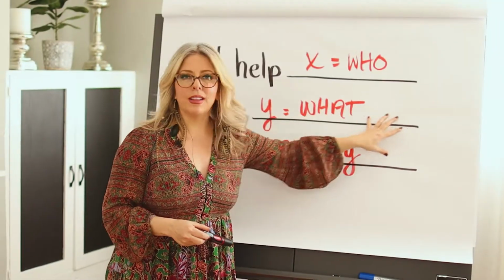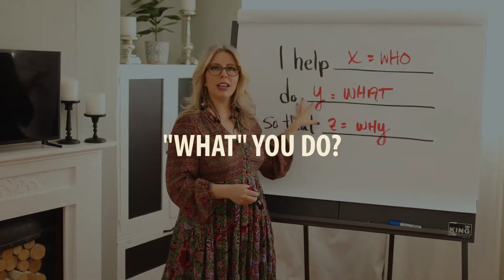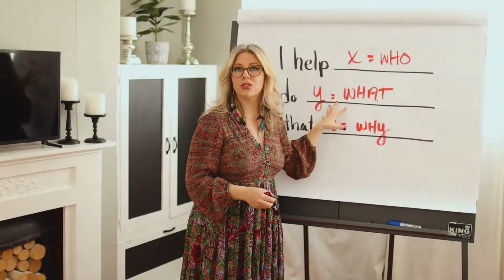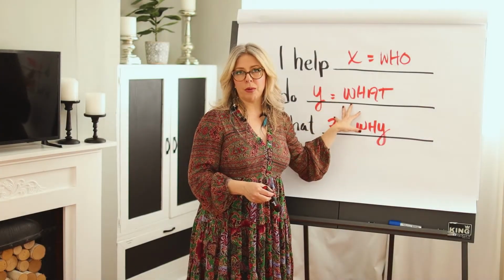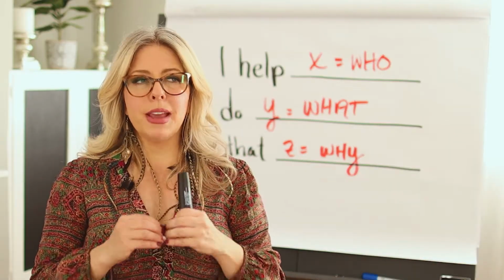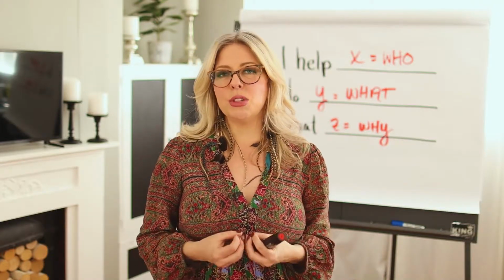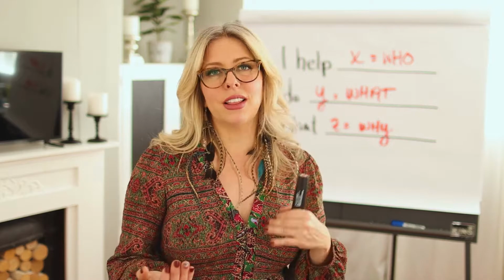The second part of this is what you do for that person. So specifically here, we're looking for the problem that you solve and the solution that you provide. As you focus on what it is you do, you want to be careful. There's this distinction that I like to talk about. It's the distinction between selling the medicine and selling the cure.